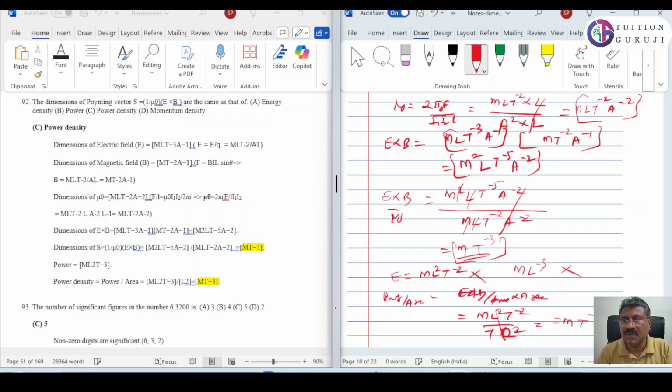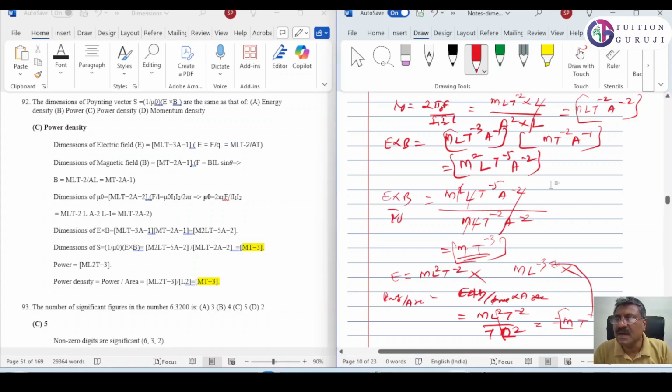This is MT⁻³. So for power density, you are getting the same dimensions, MT⁻³. So power density is similar to this one.